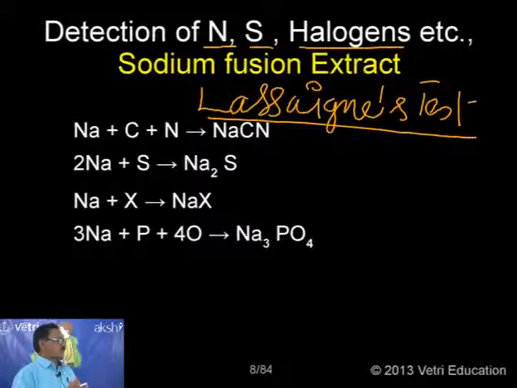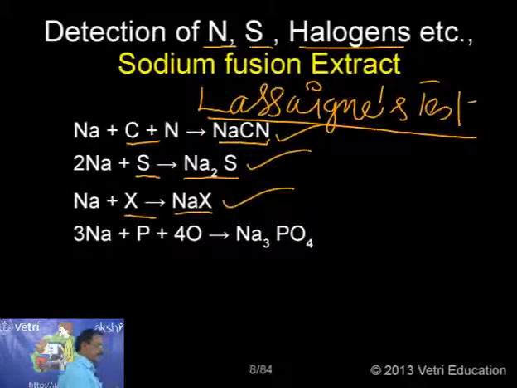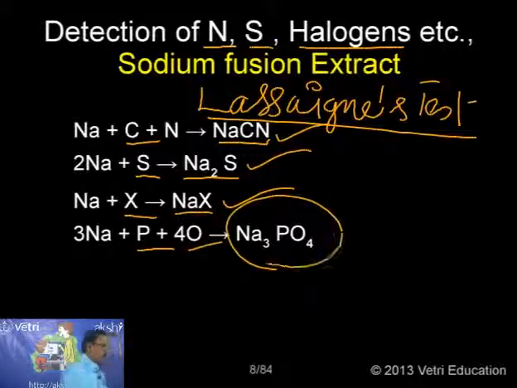When it is heated strongly, what will happen? If carbon along with nitrogen is present, it is converted into sodium cyanide. If sulfur is present, it is converted into sodium sulfide. If a halogen is present, fluorine, chlorine, bromine, etc., it will be converted into sodium halide. And if phosphorus is present, it is converted into sodium phosphate. So these are the real chemical reactions taking place in the Lassaigne test in the sodium fusion extract.